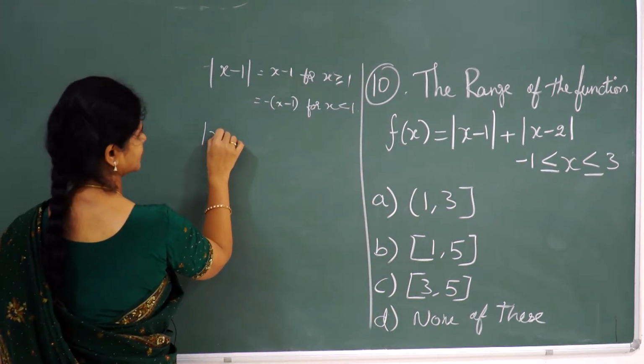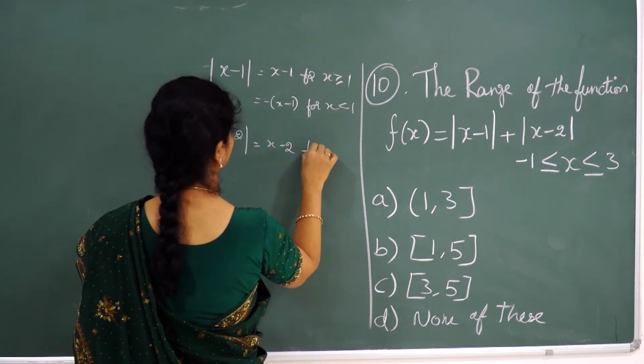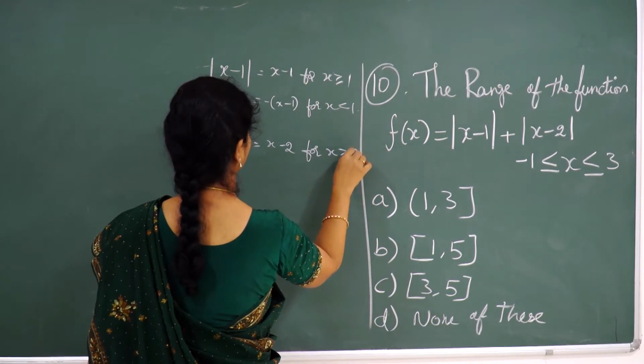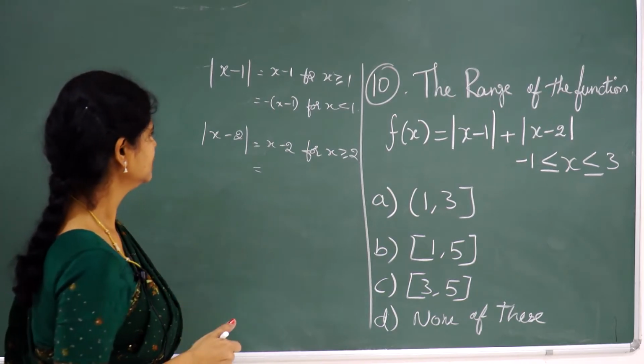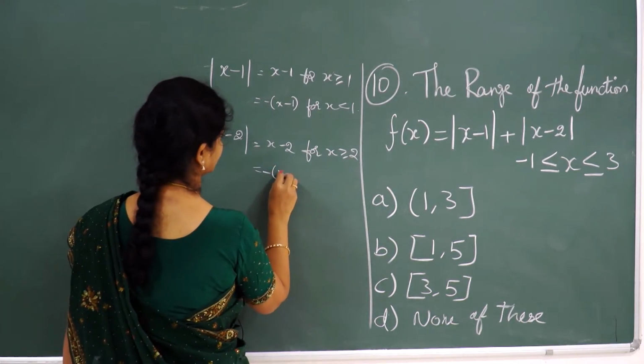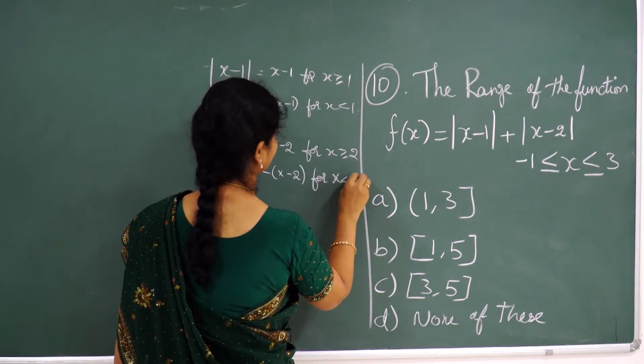Next, modulus x minus 2 is x minus 2 for x greater than or equal to 2. You know the definition already; in the last class we have discussed the modulus definition. And minus x minus 2 for x less than 2.